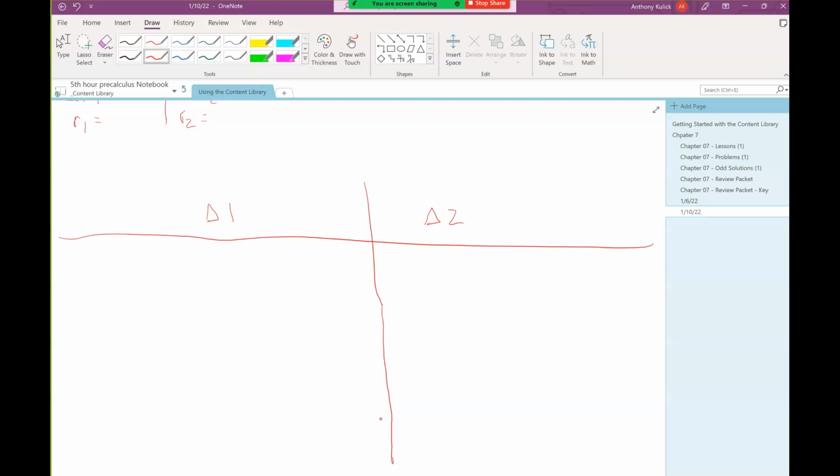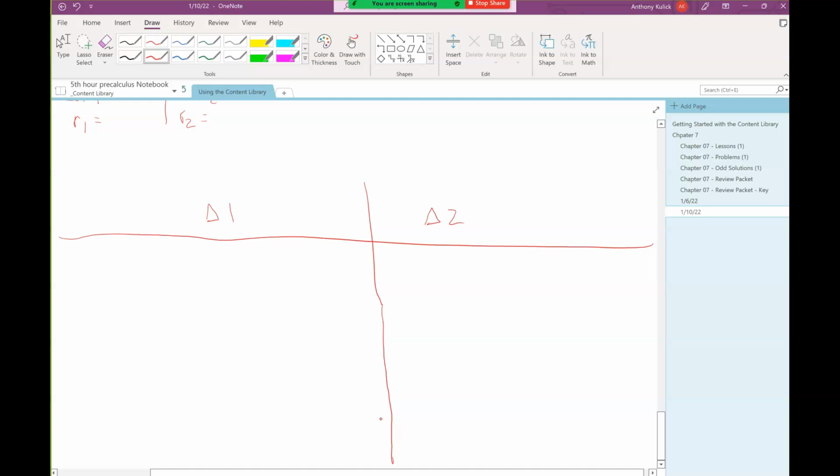Okay? So the way I typically like to do this is I'll do all of triangle 1, and then I'm going to do all of triangle 2. I like to do it that way because it reduces the chances of me getting information confused in one triangle from another triangle. It's not wrong if you wanted to jump back and forth, but I'd advise against it.